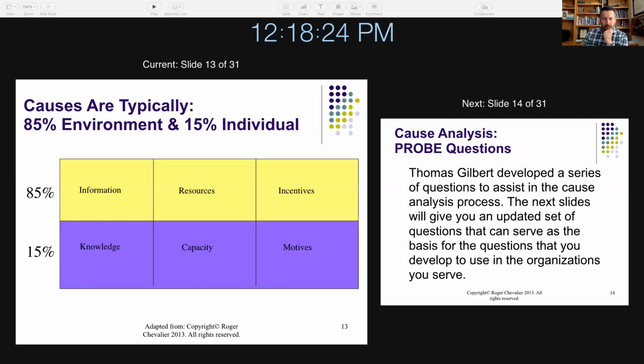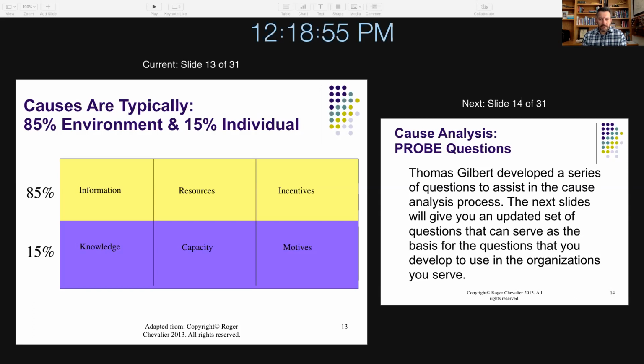Over the years, since the model has been published and used by people in the training world and also the performance improvement world, study after study has validated that about 85% of the performance problem causes are found in what's referred to as the environment.